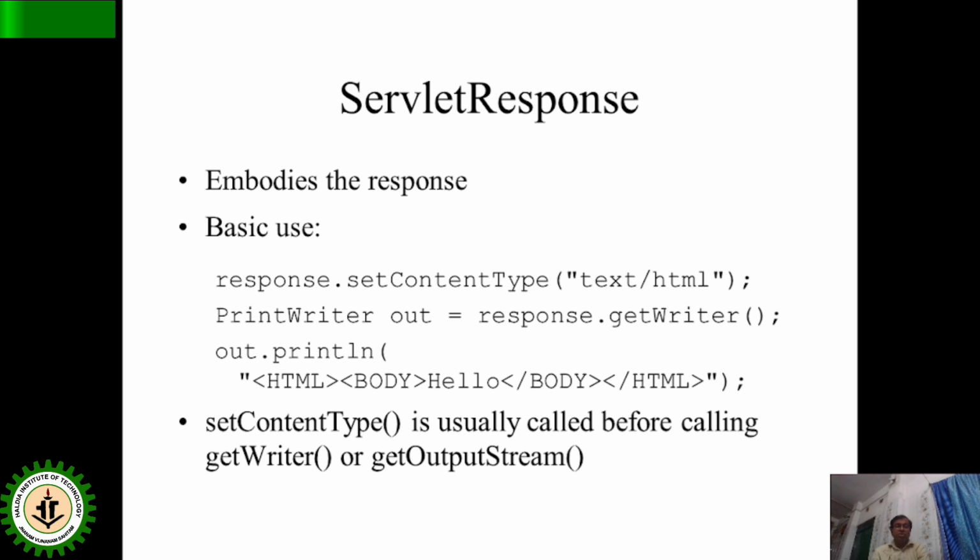Now servlet response. Like the servlet request, once the response method comes, the response comes with the content. A certain example is PrintWriter out, which is response.getWriter. The output will be displayed in the HTML file, in the body, whatever content we write in the body of the HTML file.